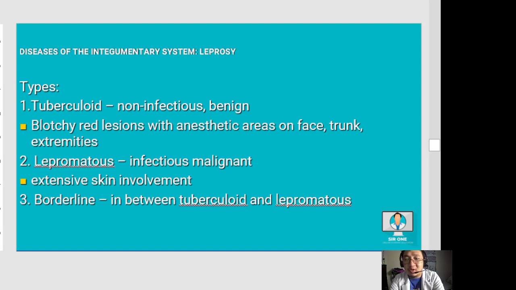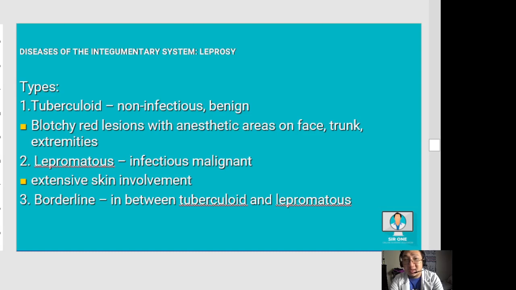We have tuberculoid. This is non-infectious, which is considered to be benign. A short description of manifestations: it appears to be blotchy red lesions with anesthetic areas on the face, trunk, and also extremities. The peripheral nerves are also affected, and sometimes the face, eyes, even testes for males.